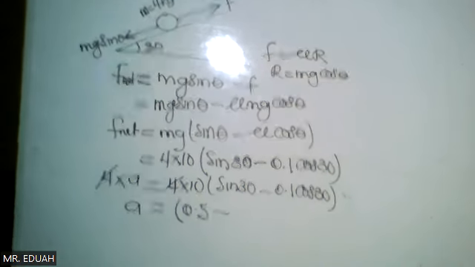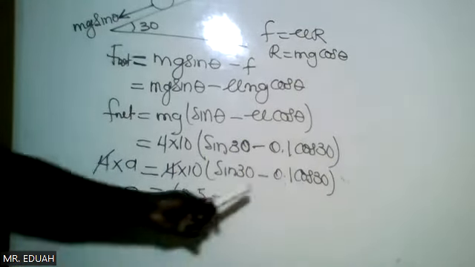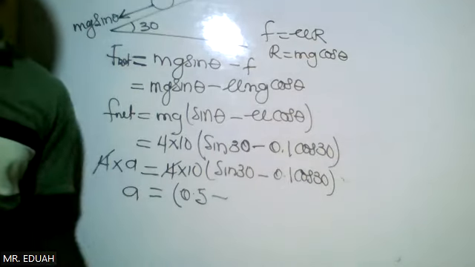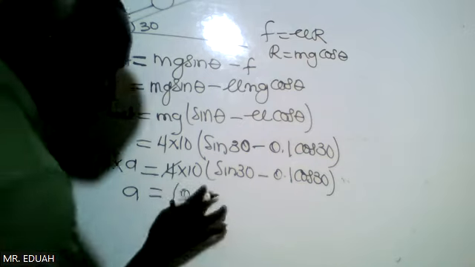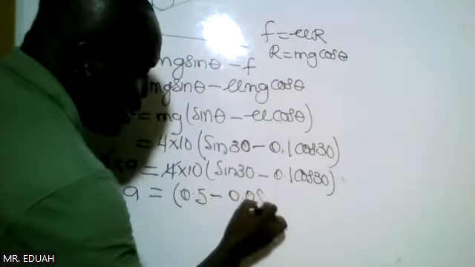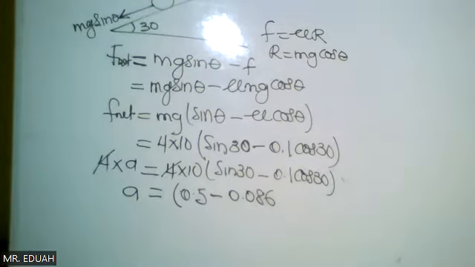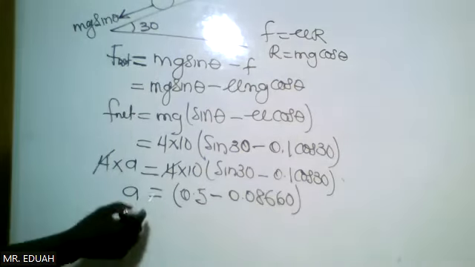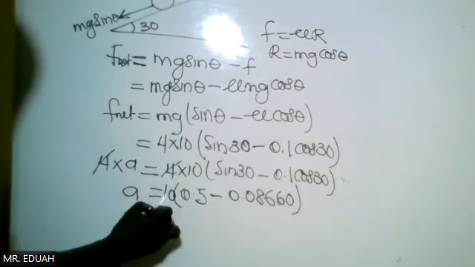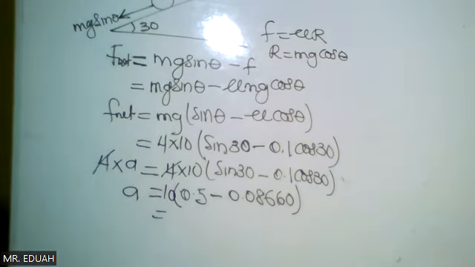I said multiply that 0.1 by cos 30 and tell me what the value is. 0.0866. So subtract and then multiply that by 10.